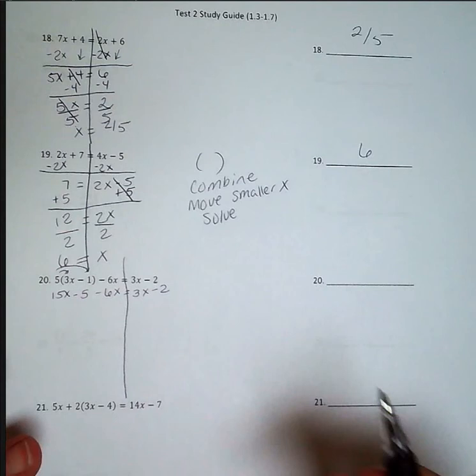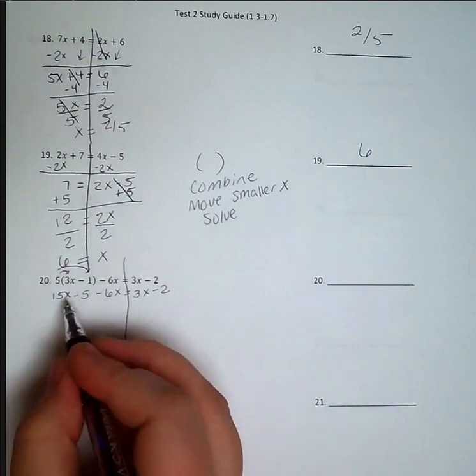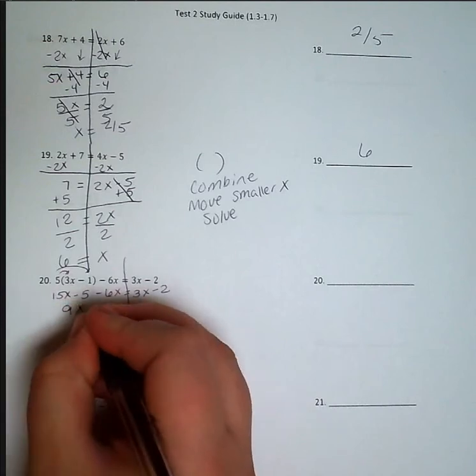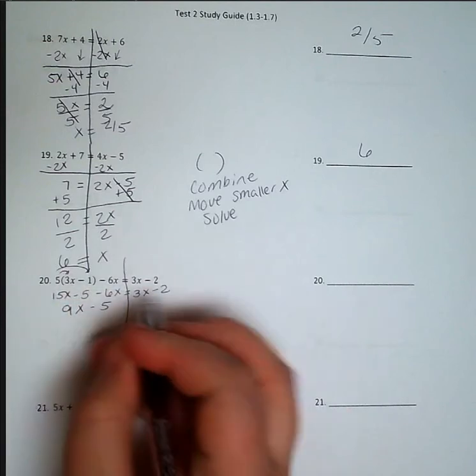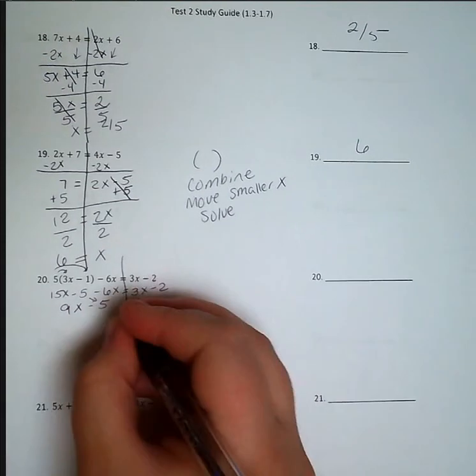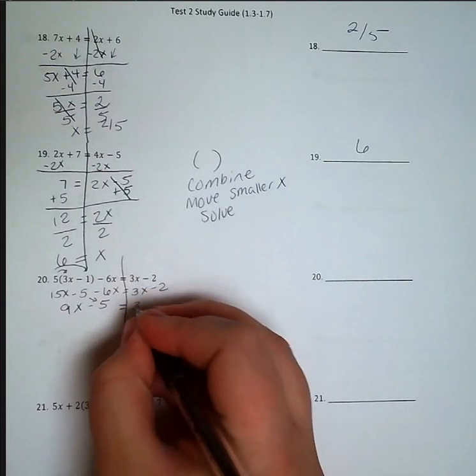Now we have to combine those like terms on each side. So I've got 15x minus 6x is 9x. And I have to bring down that minus 5 equals, there are no terms that are alike on this side, so I'm going to bring it down.